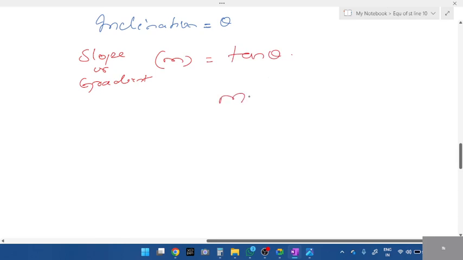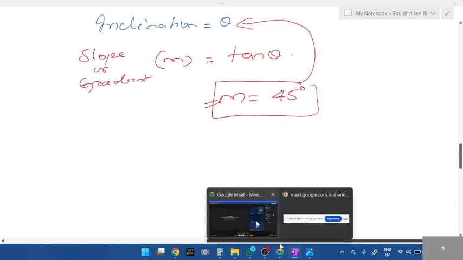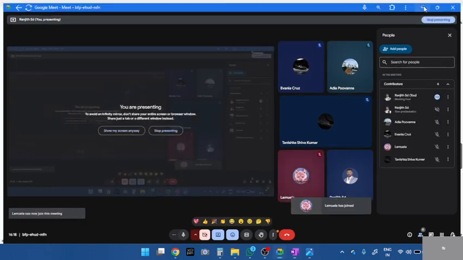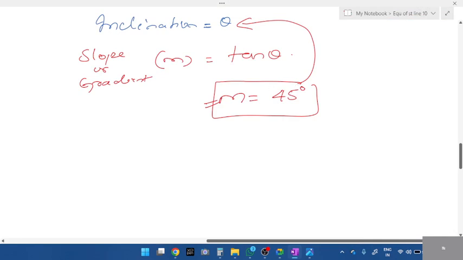Next, if you have m is equal to tan 45 degrees, students, you get theta.